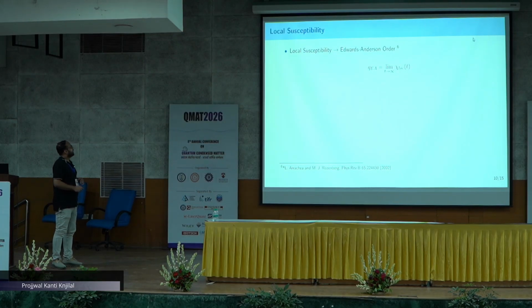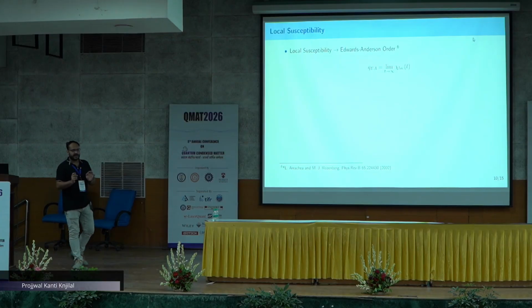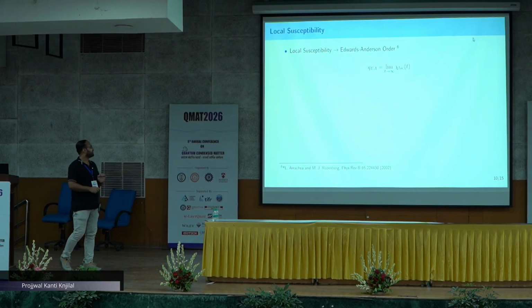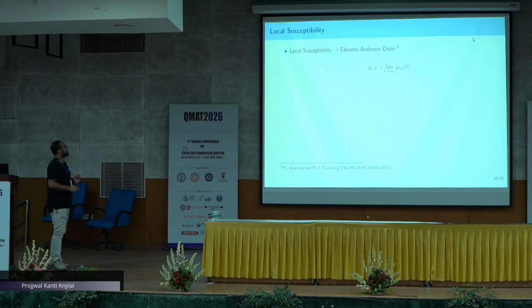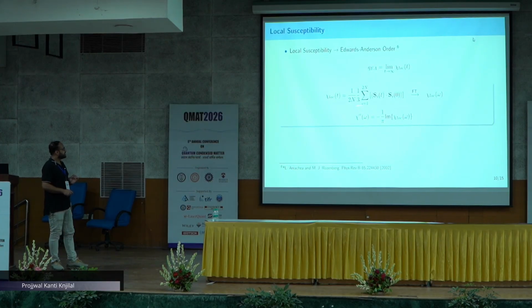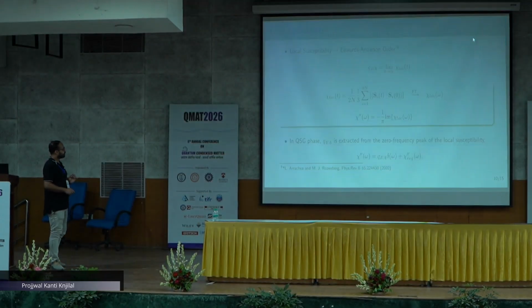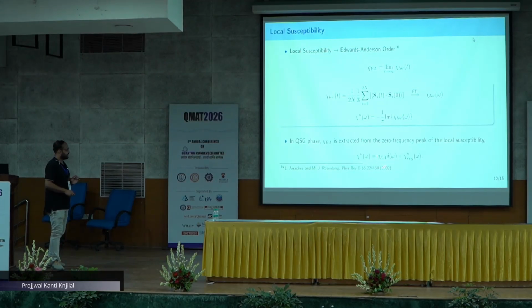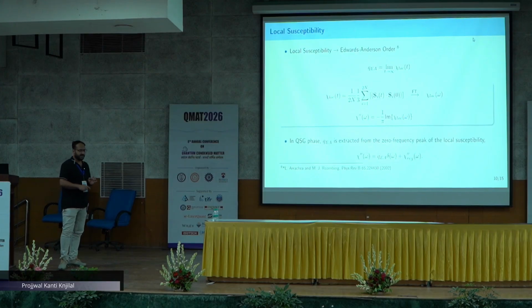But the order parameter, this Edwards-Anderson order, can only be found from the local susceptibility in the long time limit, and this susceptibility is defined as this quantity, which I also showed you previously. We can take a Fourier transform to go to frequency space. Now, the imaginary part of that susceptibility gives the Edwards-Anderson order. It is the zero frequency contribution in that.